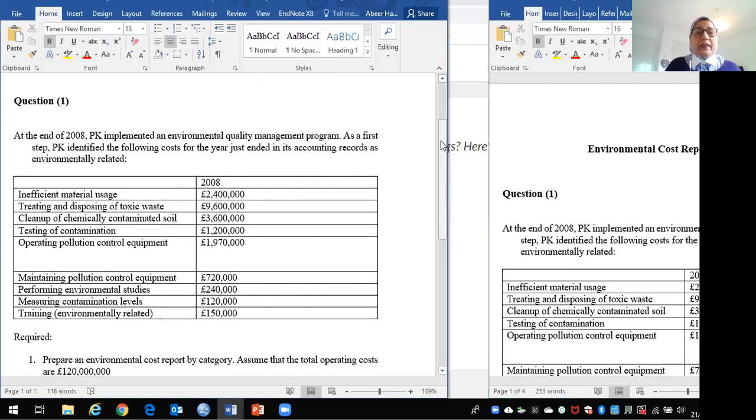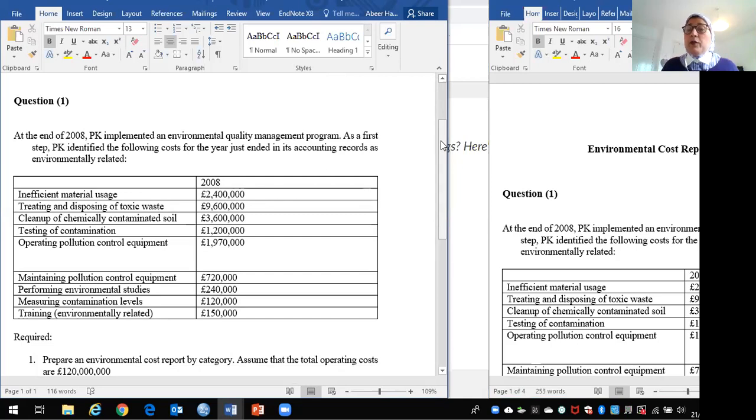But anyway, this topic is related to the quality cost report. It's very similar, but we are covering here the environmental dimension of the calculation. There are 3 types of calculation in this topic: how to prepare an environmental cost report, how to prepare environmental financial statements, and how to assign environmental cost to products.